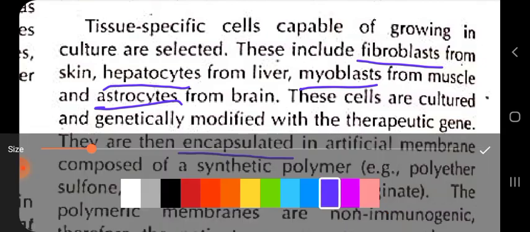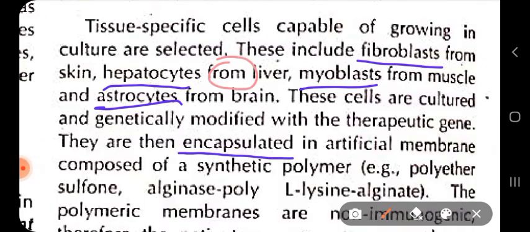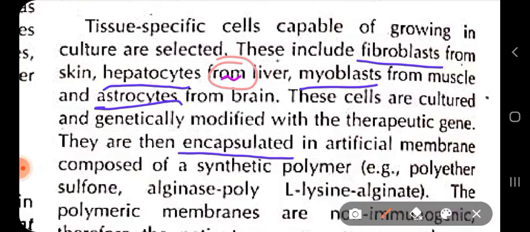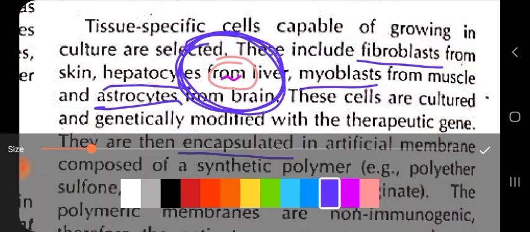That means if this is your cell, and this is your target gene which has been inserted, they are then encapsulated, meaning coated with a synthetic polymer. Now this synthetic polymer is semi-permeable.